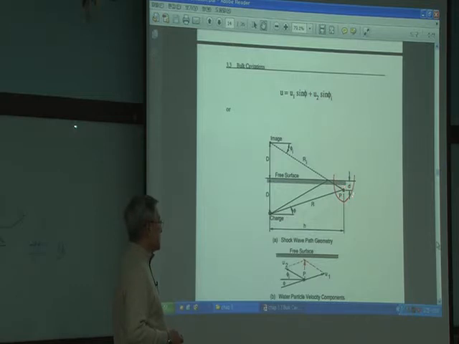And the surface ship or floating body is in neutral buoyancy, right? Then this draft is small d, and this charge depth is capital D. This is D. This is the image charge. Phi, this angle is phi. Okay. So geometry is completely defined.